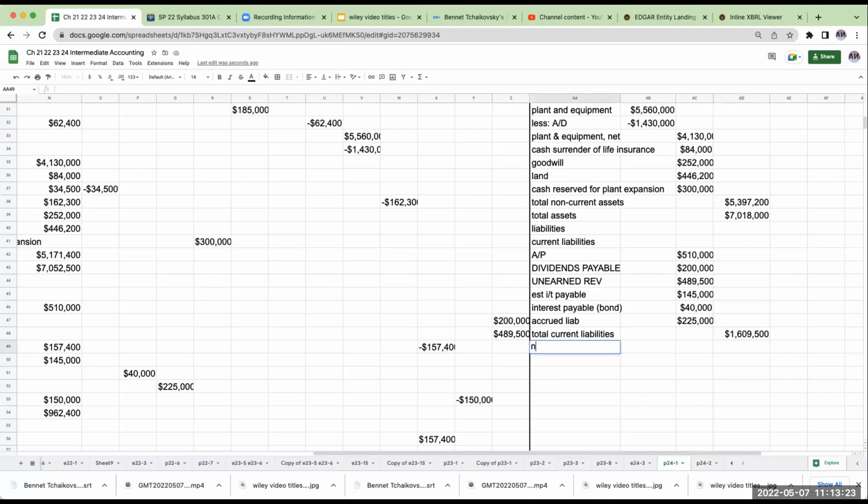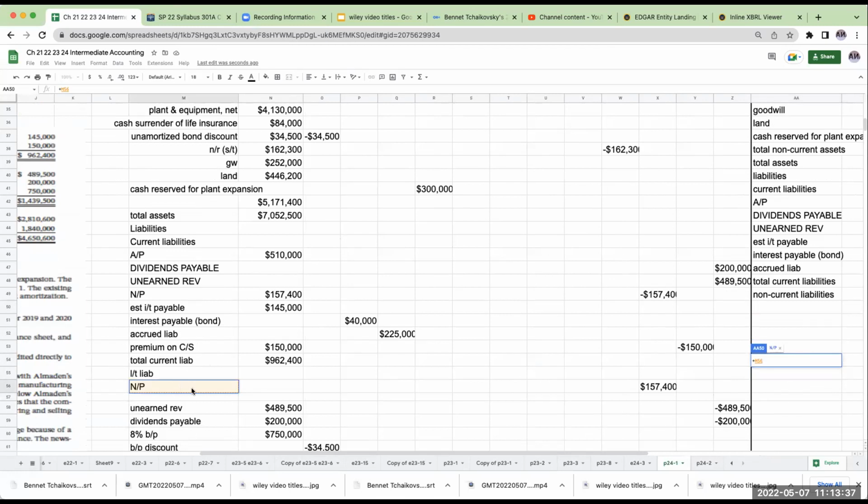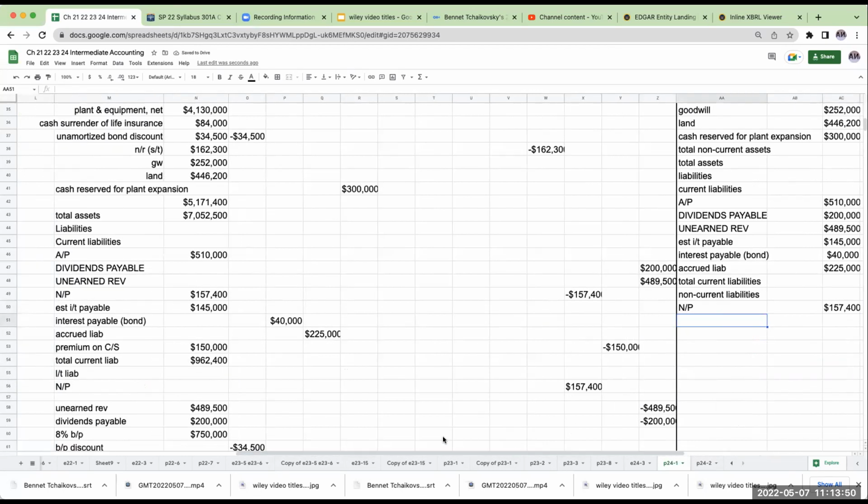Okay, so for my non-current liabilities, again, I would do this in order of liquidity. I'm going to have notes payable. The notes payable is going to be at 157,400. I'm going to have a bond payable less my bond payable discount.